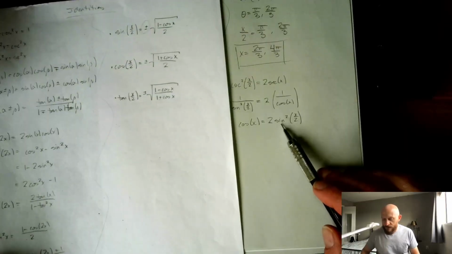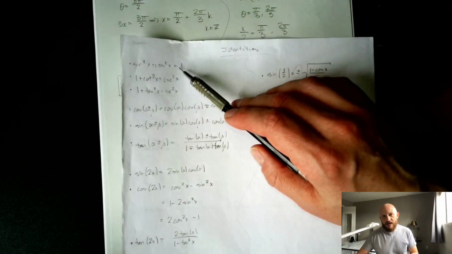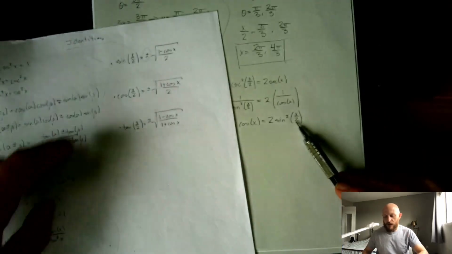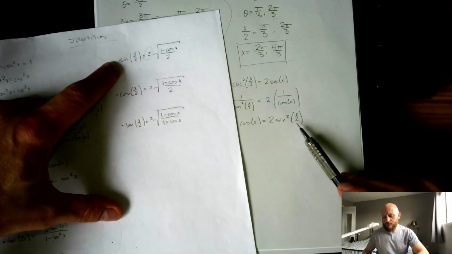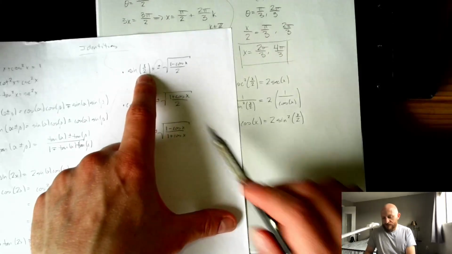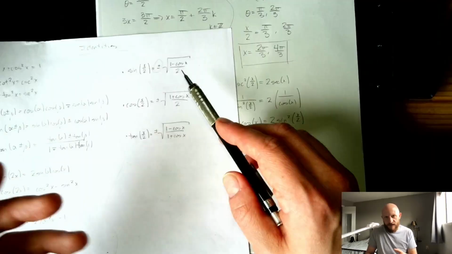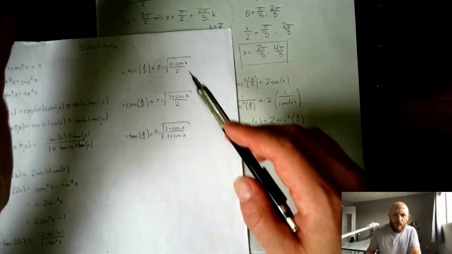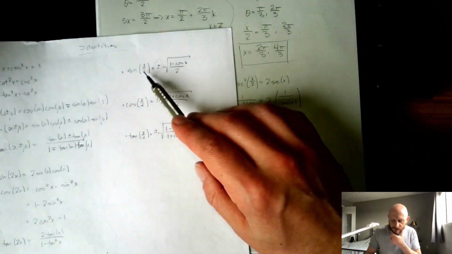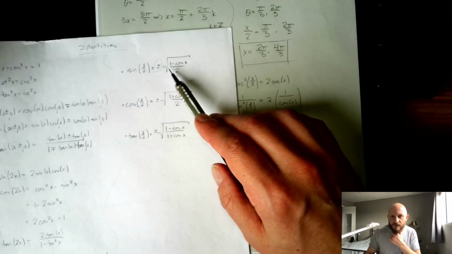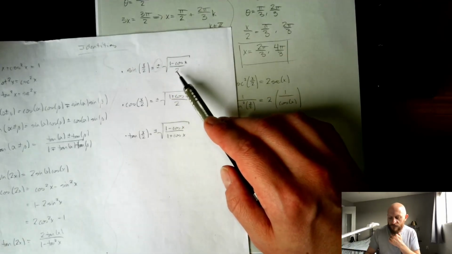So rather than using the Pythagorean identity, I used the half angle identity. So that sine of x over 2 equals plus or minus, this is the identity, hopefully you can read it, sometimes the white doesn't render very well, the square root of (1 minus cosine of x) over 2.